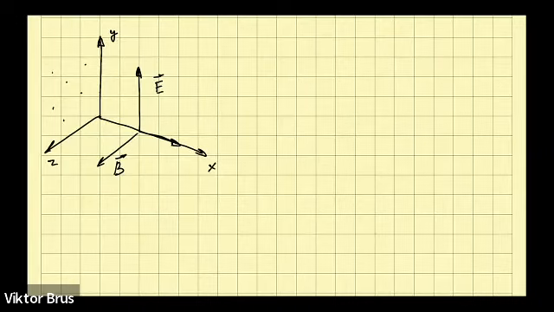So if electromagnetic waves are generated in this plane zy, and propagation is along axis x, the so-called ray is directed along axis x, which is parallel to the propagation of the electromagnetic wave. So we have a so-called planar wave.